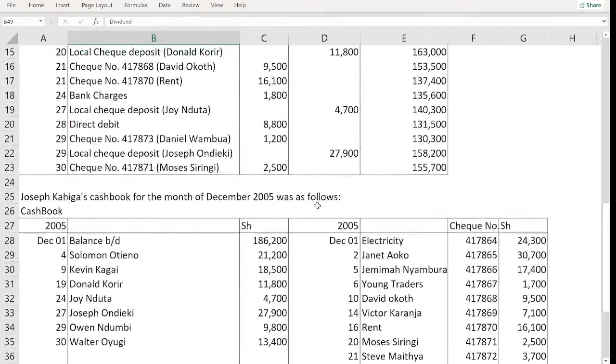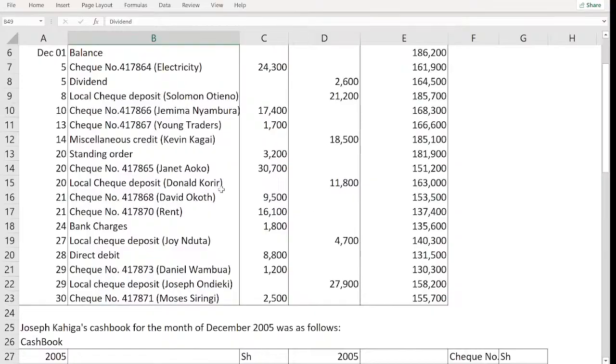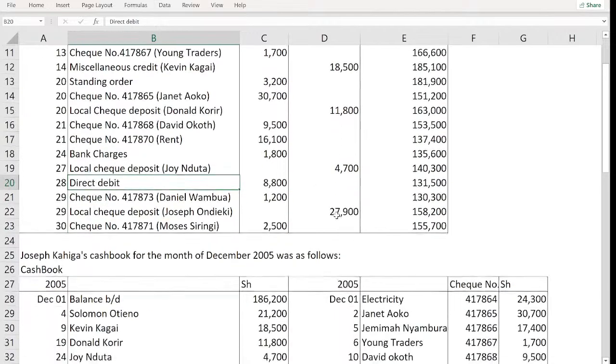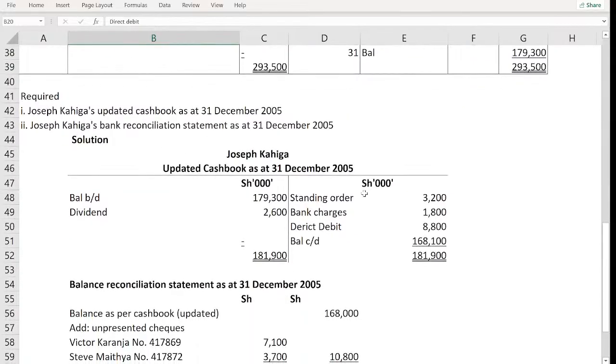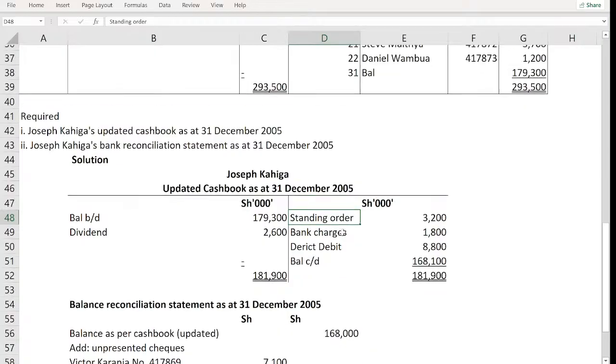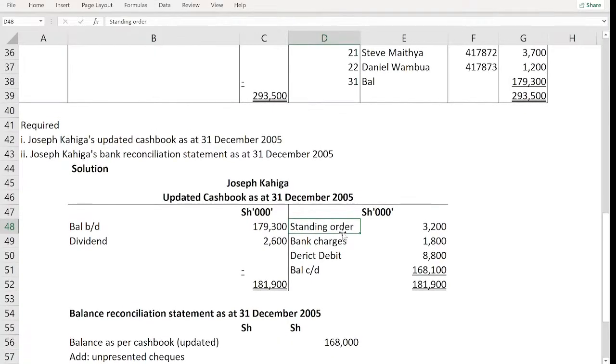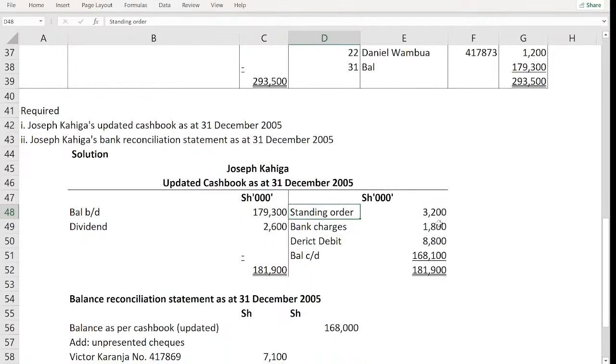Another thing that you can see that is on the bank statement but also not in the cash book, we have the standing orders, bank charges, and also direct debit. So all these are liabilities, so we're going to credit them. So we credit that. So 3,200, bank charges for 1,800.